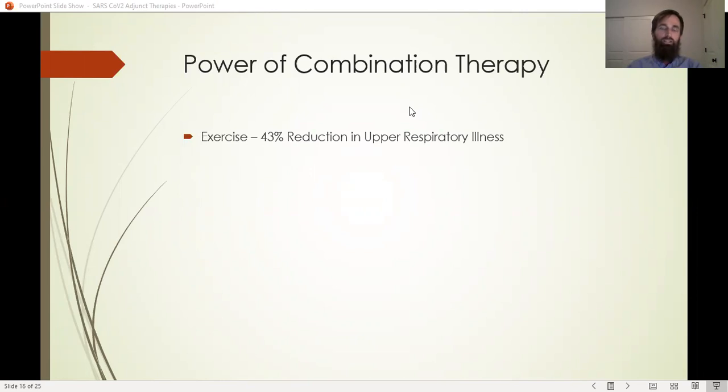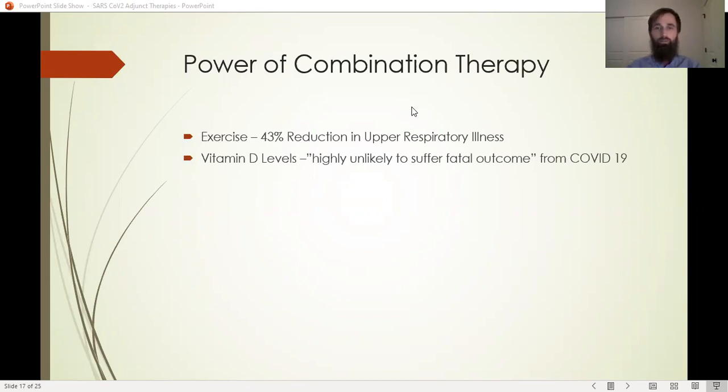So if you did just exercise, you're going to reduce your risk. If you added making sure you have adequate vitamin D levels, if you did both of those, you're going to have more of a reduction than if you're just doing one. That's kind of an obvious conclusion. Now, we can't really estimate how much more reduction unless we do studies on that, randomized controlled trials.